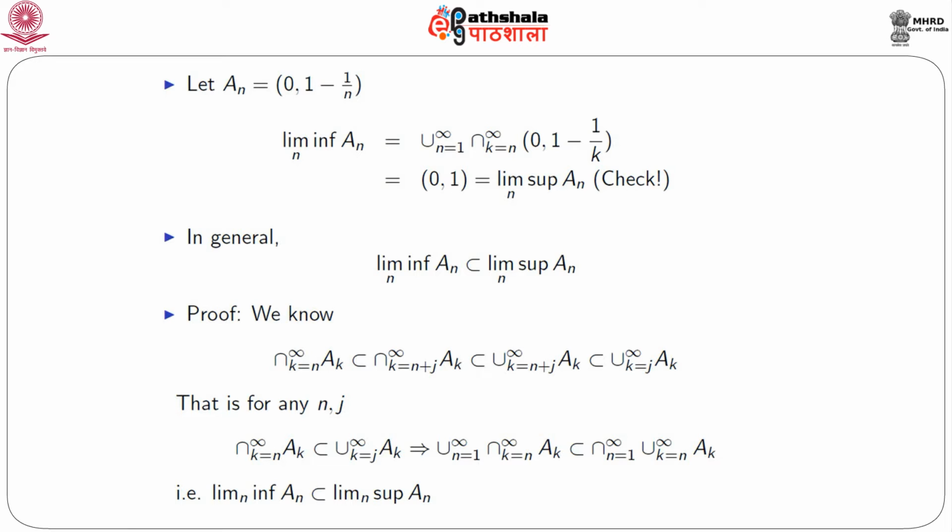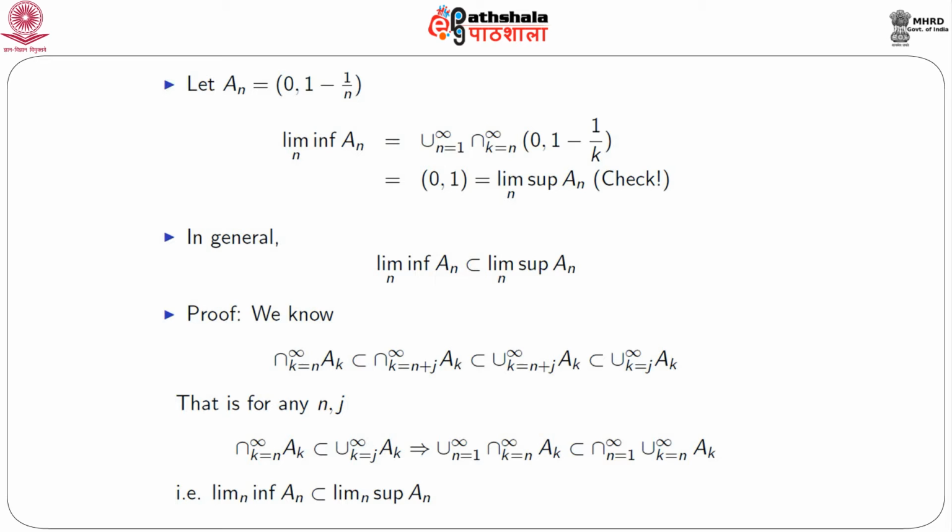So, it is again a superset of the previous set. So, after doing this calculation for any n and j, we get that the intersection over k from n to infinity of a k is a subset of the union over k equal to j to infinity of a k.